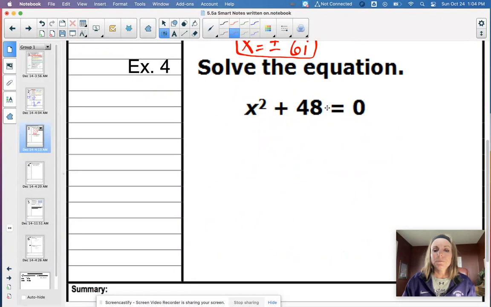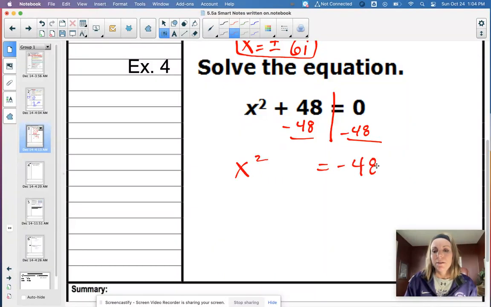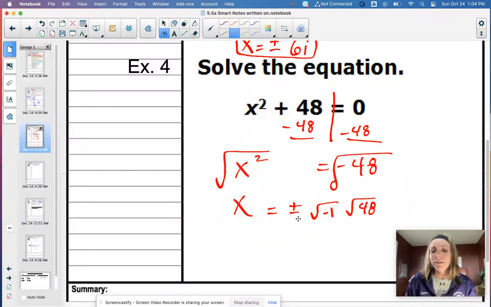Example 4. Well, I can't take a square root yet. I have to move the 48 over to this side. Now the x squared is by itself. So now I can take a square root. We can break that up like that. That's i. So let's see.